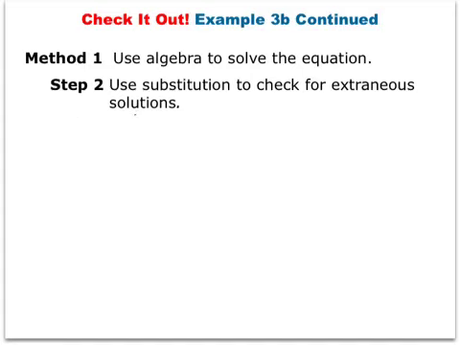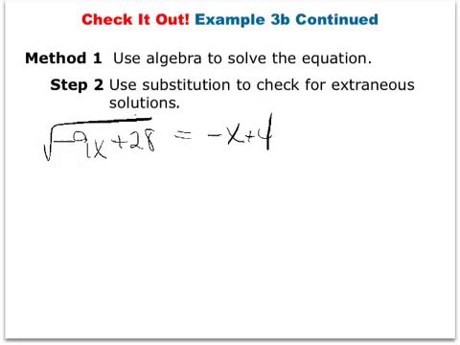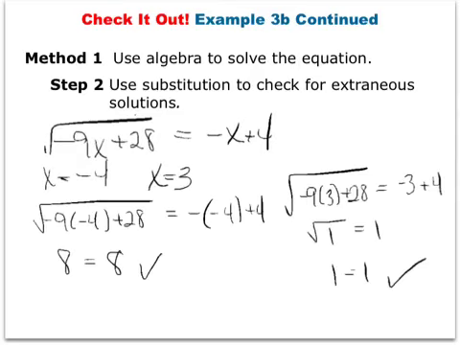That was the square root of negative 9x plus 28 equals negative x plus 4. We're going to check x equals negative 4 and x equals 3. Go ahead and push pause and do this one on your own.